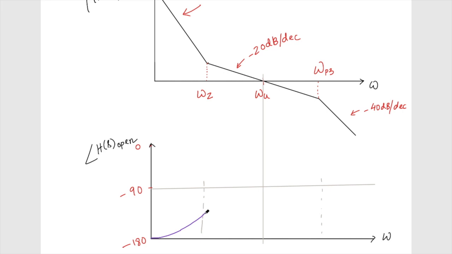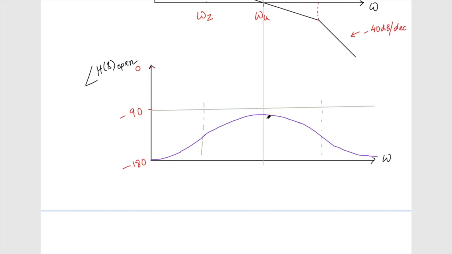Then it increases, but because of the influence of another pole, it's going to decrease. And eventually it is going to go towards 0 at very high frequency. So this is the phase margin of this system now.